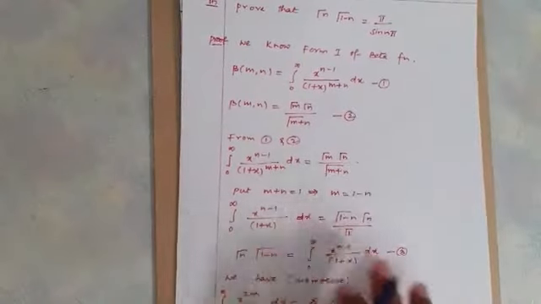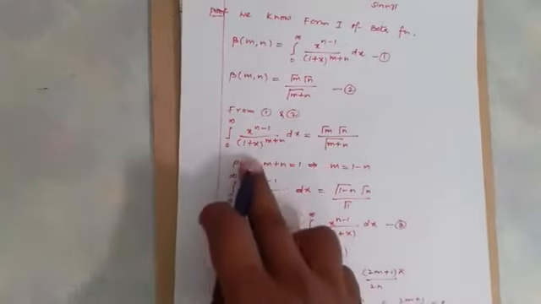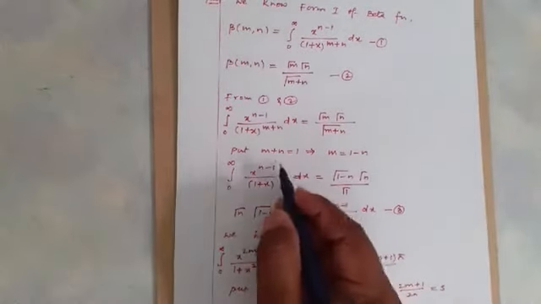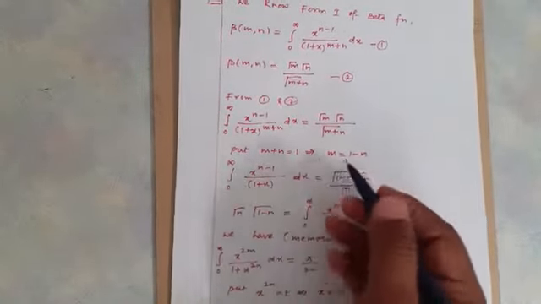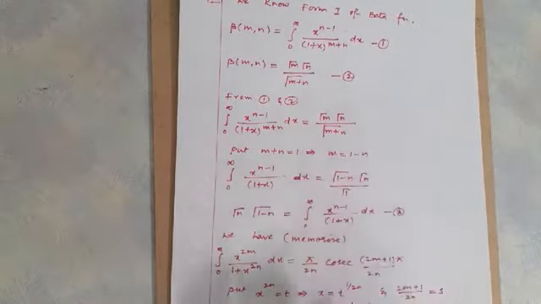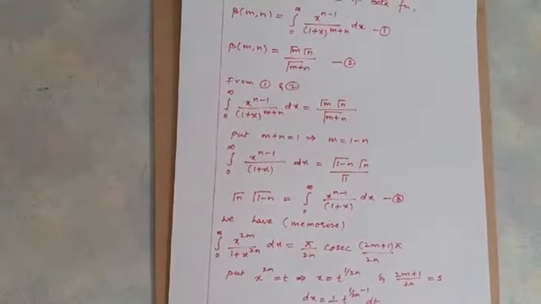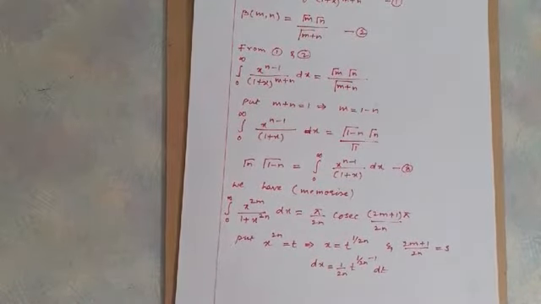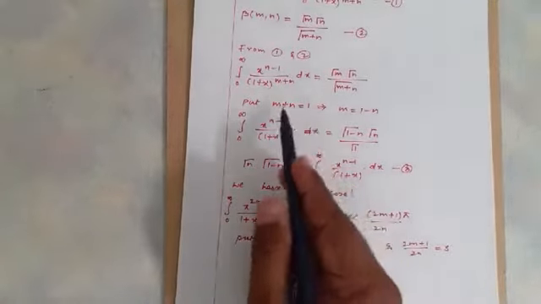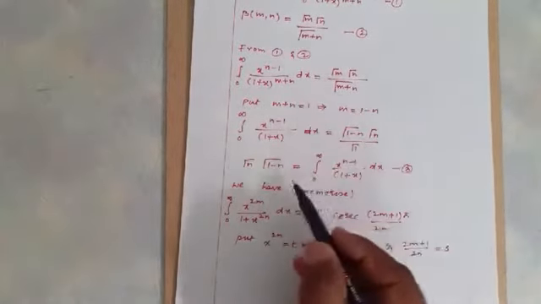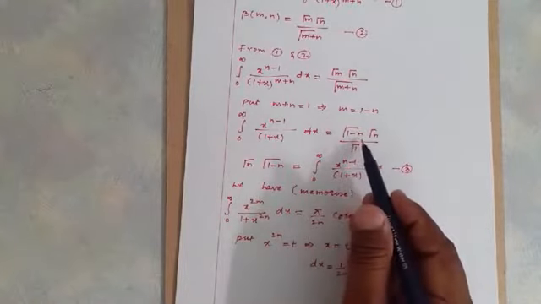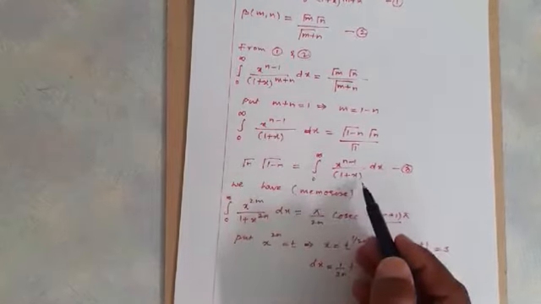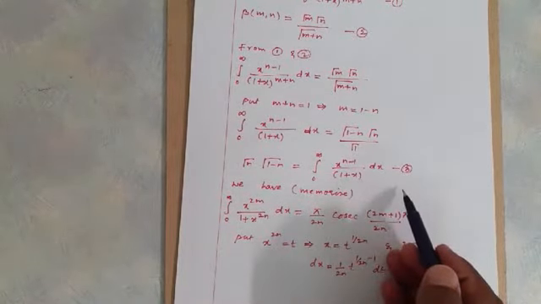We have taken both and compared 1 and 2, and then we have taken m plus n is equal to 1, so that it becomes m is equal to 1 minus n. Afterwards we have substituted m plus n is equal to 1 and m is equal to 1 minus n in the given 1 and 2. After that we got gamma 1 minus n into gamma n is equal to the same expression on the other side, which we have taken as equation 3.